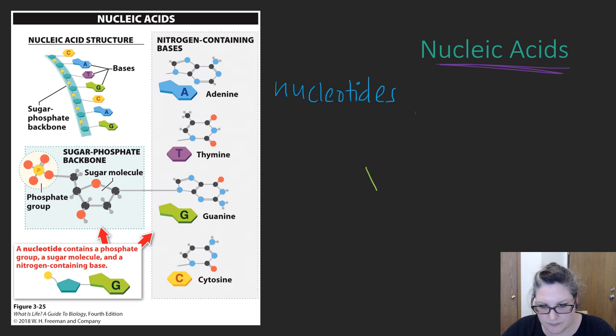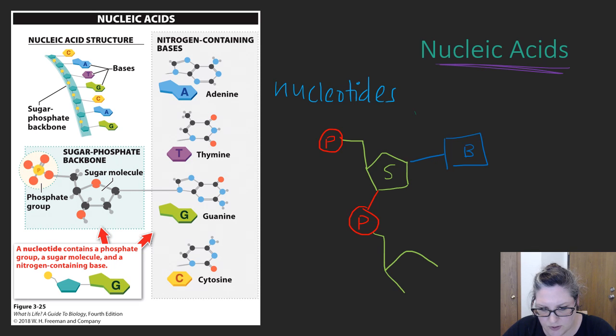They have a sugar, they have a phosphate, and they have a base. And they repeat. Like this. So we have a sugar, phosphate, sugar, phosphate, sugar, phosphate, sugar, phosphate, etc., to make what we call the backbone. And we have 4 different bases.